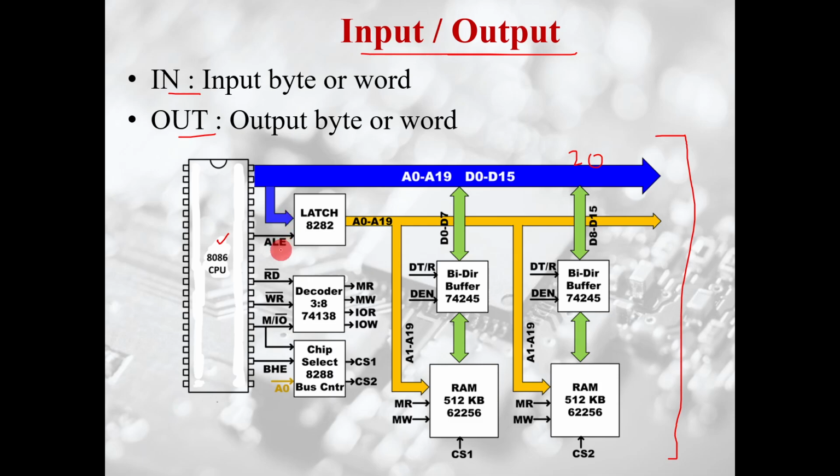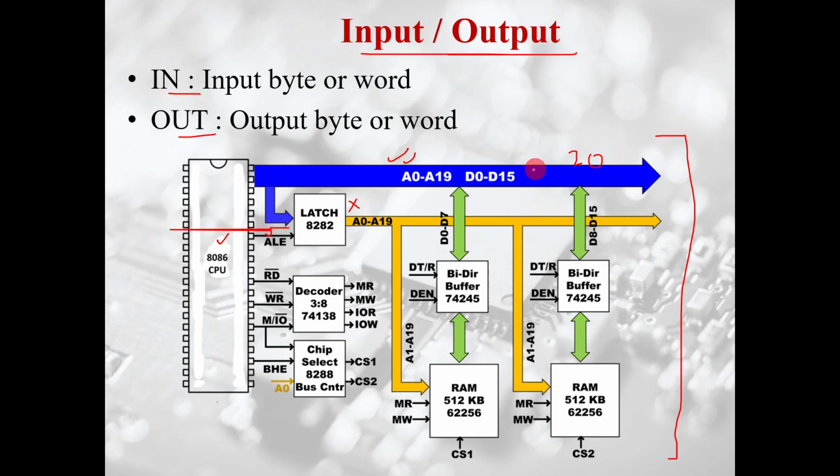Then the address latch enable signal goes high. Whatever address was there is coming here also, so that address gets latched here. Now this line becomes free. So the address latch goes high, and in these yellow lines the address will be available.